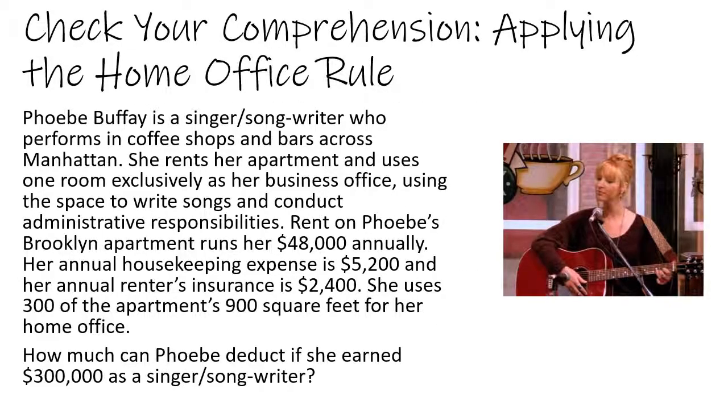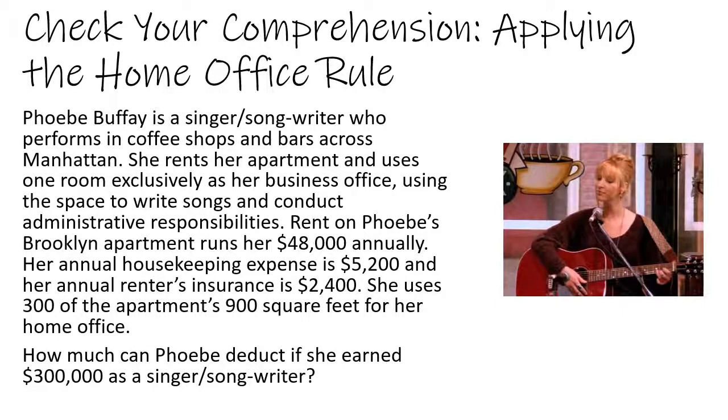let's check your comprehension of the home office rule by assuming that Phoebe Buffet writes songs and handles the administrative tasks of booking gigs, of booking her accounting entries, and of contacting studios exclusively from her home office.